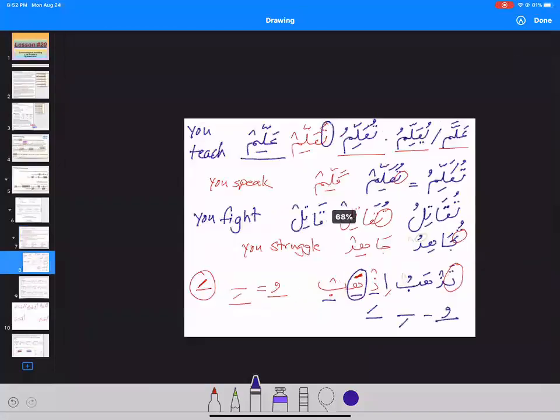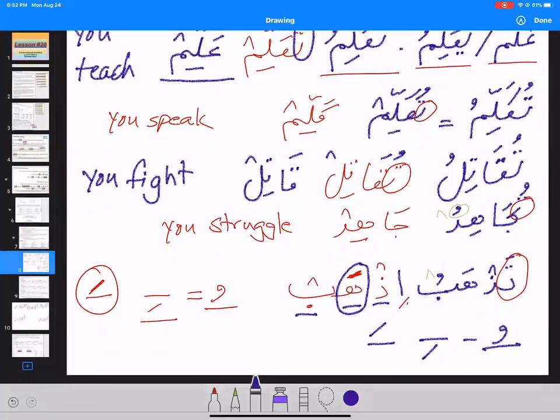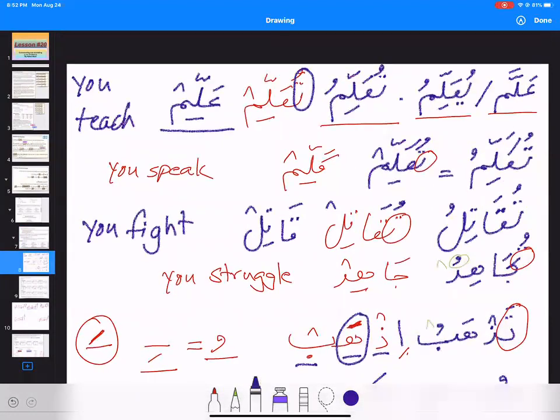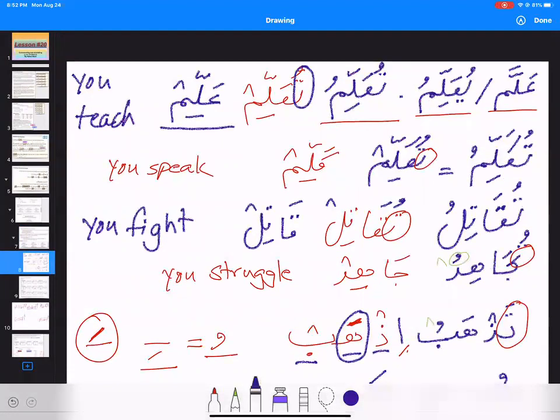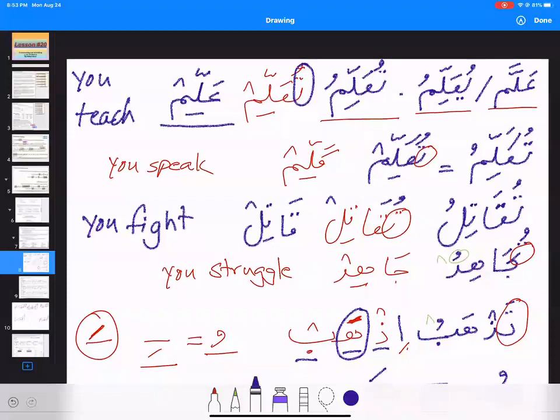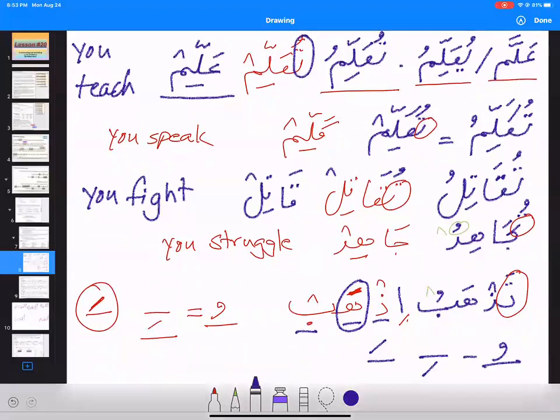We did some examples last time, and some of them are over here. So allama, yu'allimu, and when we go to anta, it becomes tu'allimu. The first step is that I need to remove this u sound.